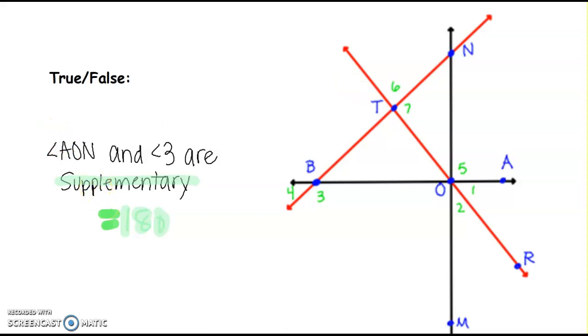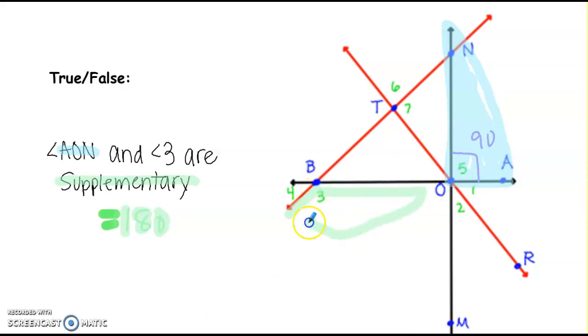So our first one, AON. So we're looking at right here. And again, those are 2 black lines, right? So we know the measurement of angle 5 is 90 degrees, right angle. And we want to know if that added up with angle 3 is going to give us our 180 value.